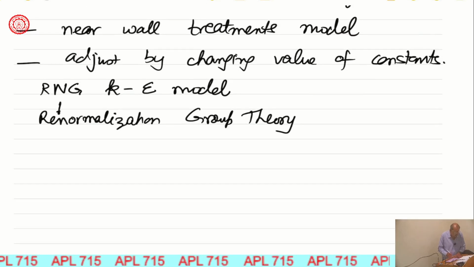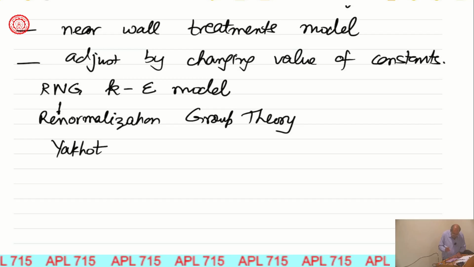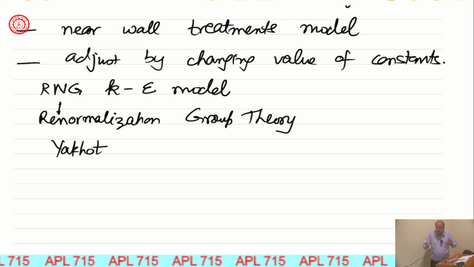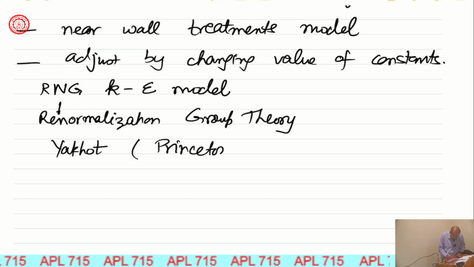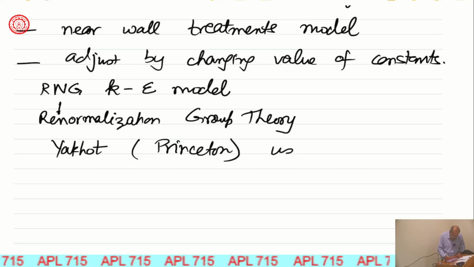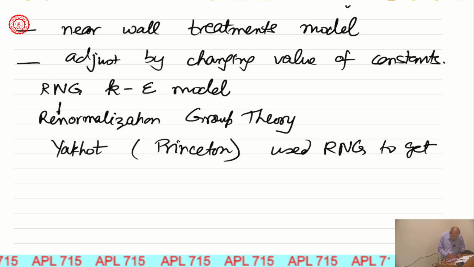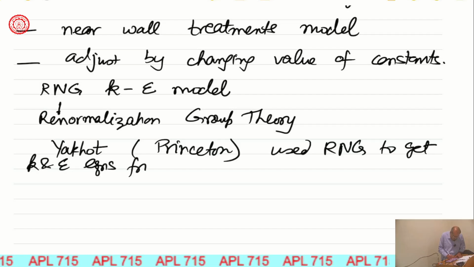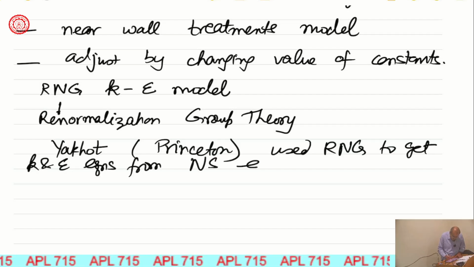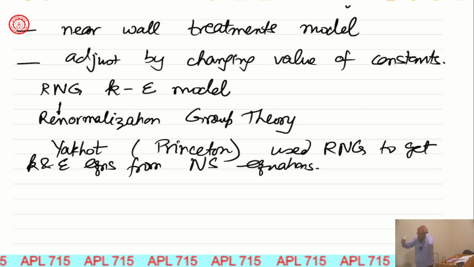So this was, there's a Russian scientist Yakhot who was at Princeton, and he used RNG to get K and epsilon equations from the Navier-Stokes equations. So he used a totally different approach which is used in plasma physics and all, the renormalization group.